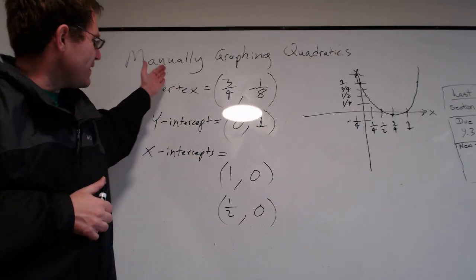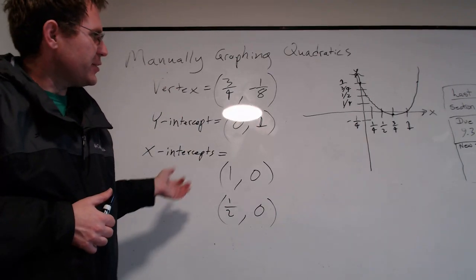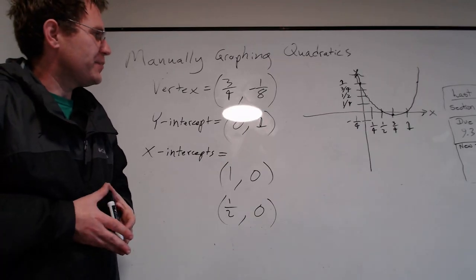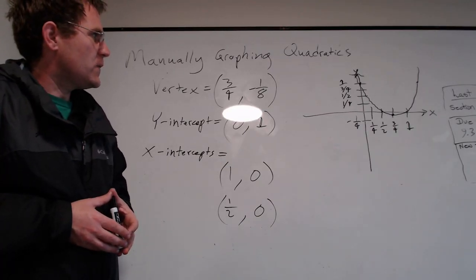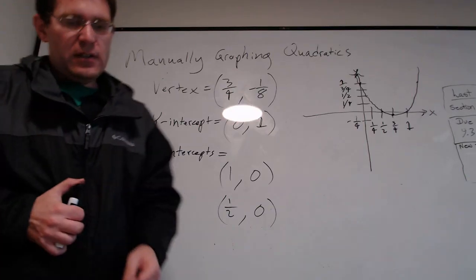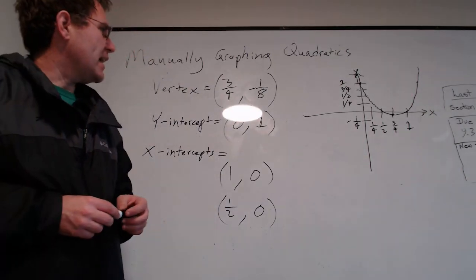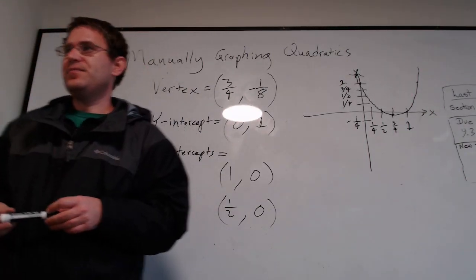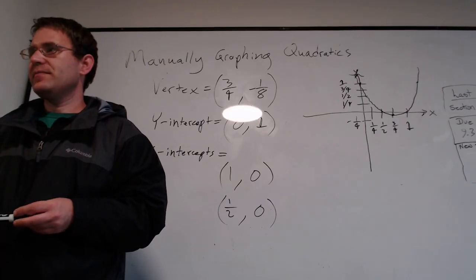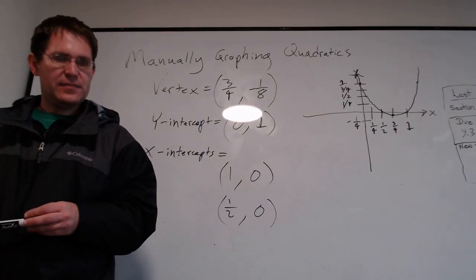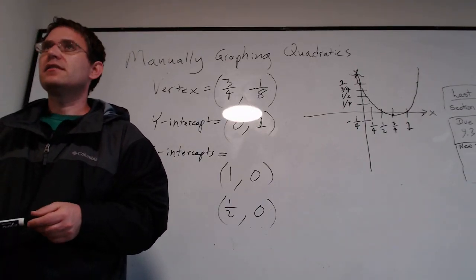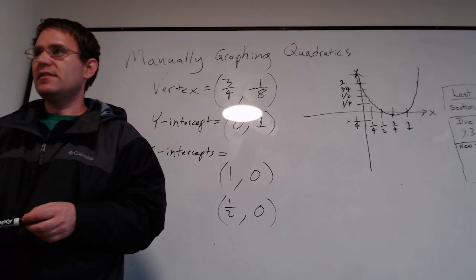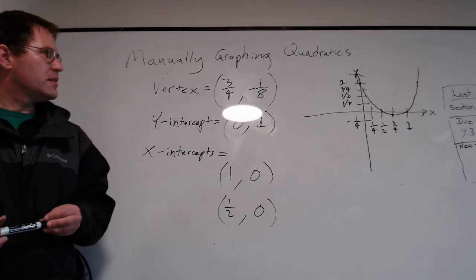So by finding these 4 values, you can go ahead and graph it manually. Any questions? I was just thinking, if you just put in the first question on Desmos, would it give you that? It would give all that to you, yes.